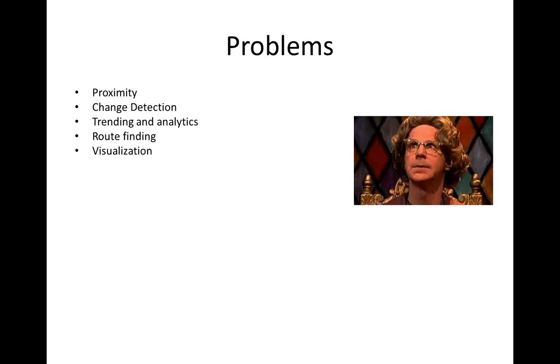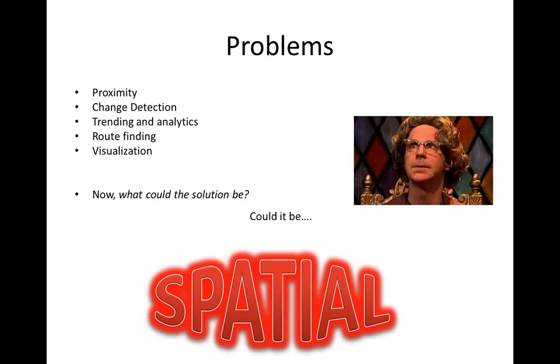Route finding: finding the quickest path to a given point from a given location. And then visualization, of course, which is the new trend right now in the BI space. People are really starting to use mapping products like Tableau and GeoFlow to see their data spatially on a map. So, of course, the solution to this problem is spatial, right?